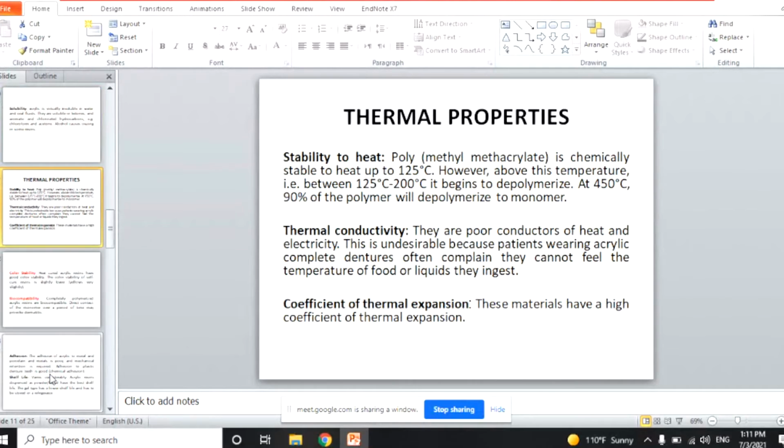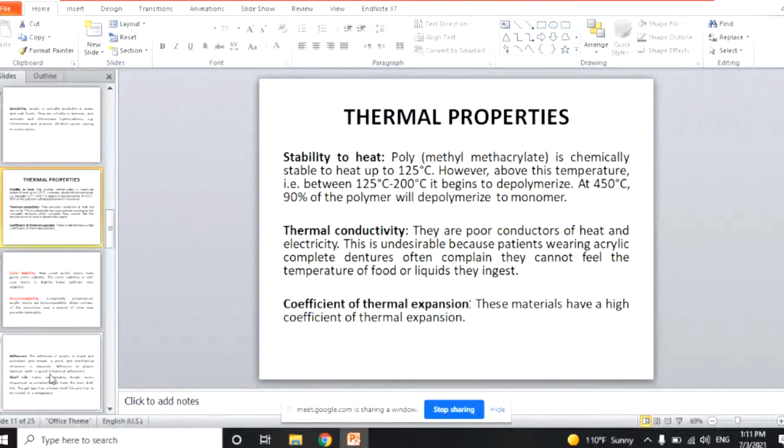We have thermal properties. Stability to heat: it is usually stable to heat up to 125 degrees. Above this temperature, it can cause depolymerization, and at a very high temperature the polymer will change to monomer.